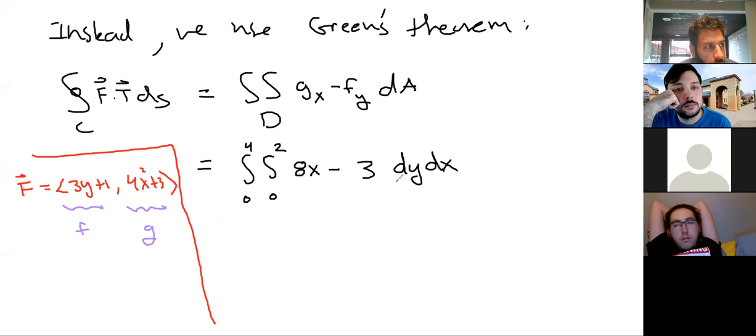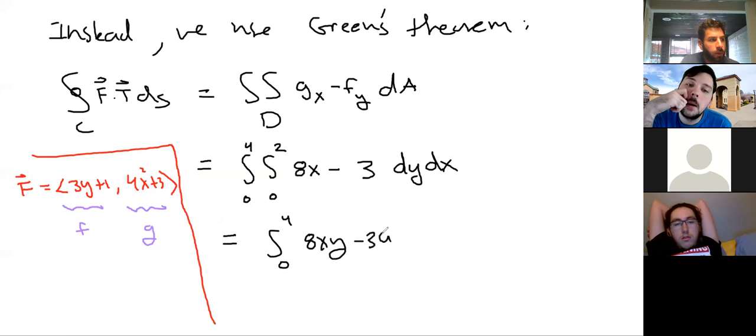The bounds don't depend on any variables. In fact, only one letter shows up, so that's exciting. When you integrate with respect to y, you get 8xy minus 3y, and this is evaluated from 0 to 2.